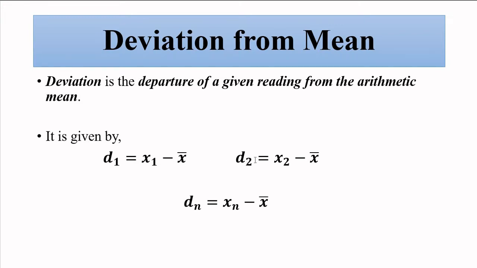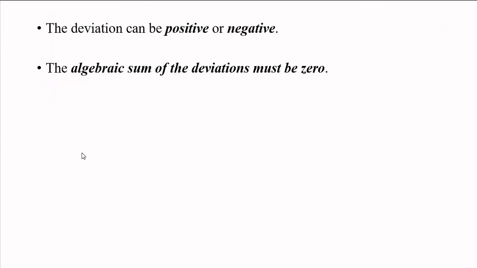For the second reading, deviation d2 is equal to x2 minus x bar, and so on. For the nth reading it is xn minus x bar. Another interesting thing is that the deviation can be positive or negative. If the specific reading is less than the mean value, the deviation will be negative. If it is greater, then it will be positive. And the algebraic sum of all the deviations is 0.